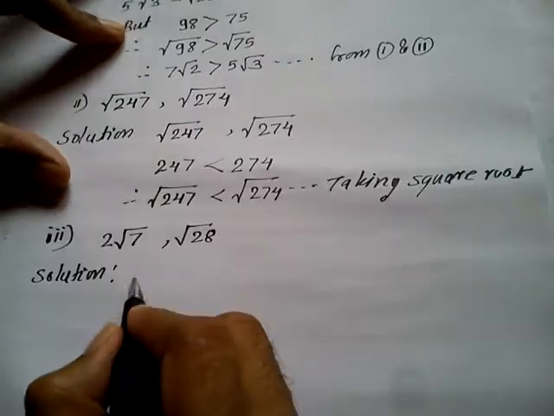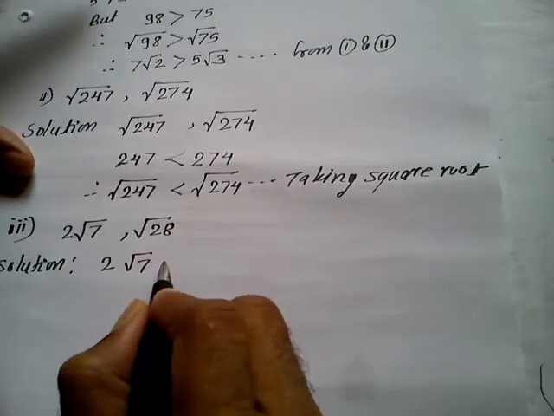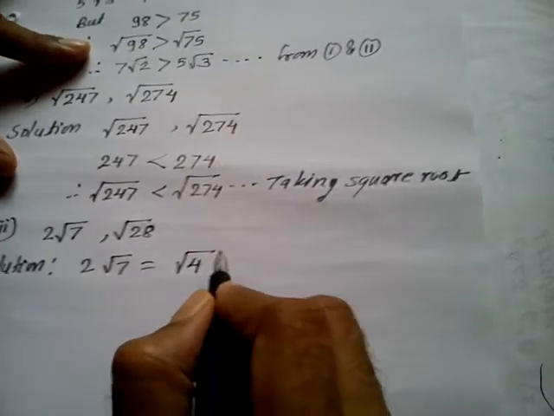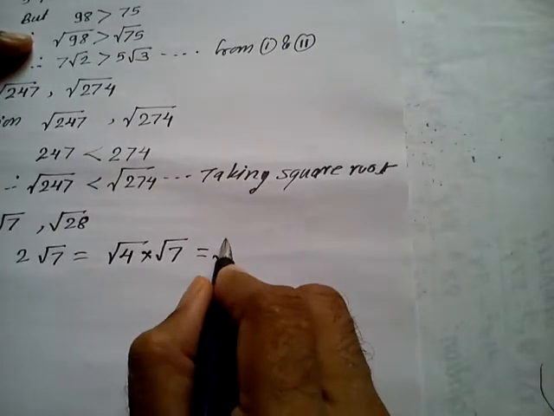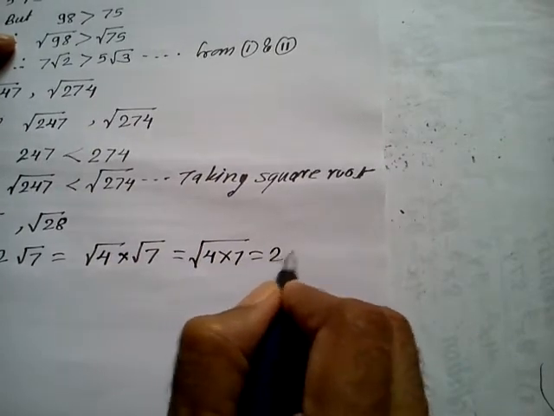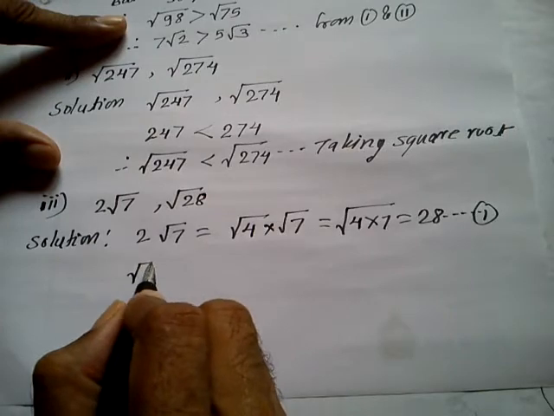We have to simplify the first one. 2 root 7 is equal to, 2 means square root of 4, into 7 is equal to, we can write 4 into 7 is equal to 28. This is equation first.